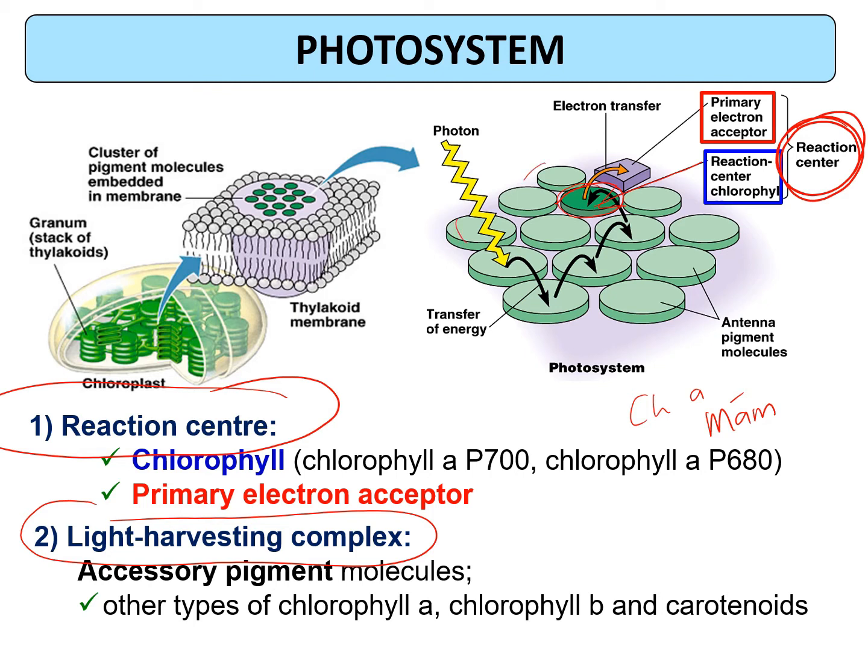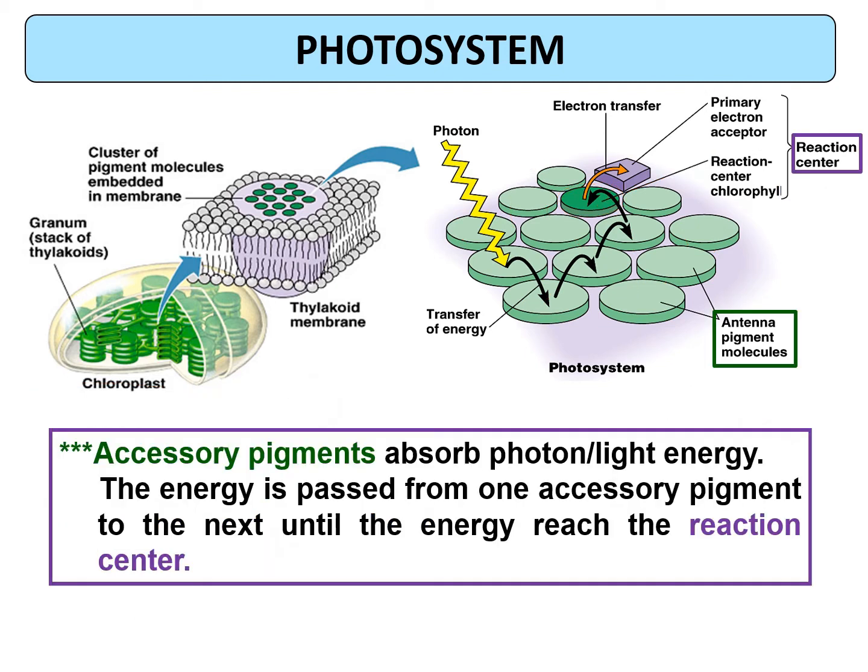The rest is the light-harvesting complex, which consists of accessory pigment molecules, including the other types of chlorophyll, such as chlorophyll B, and the carotenoids. What do accessory pigments do? They absorb the photon or light energy, and then the energy is passed to the primary reaction center.